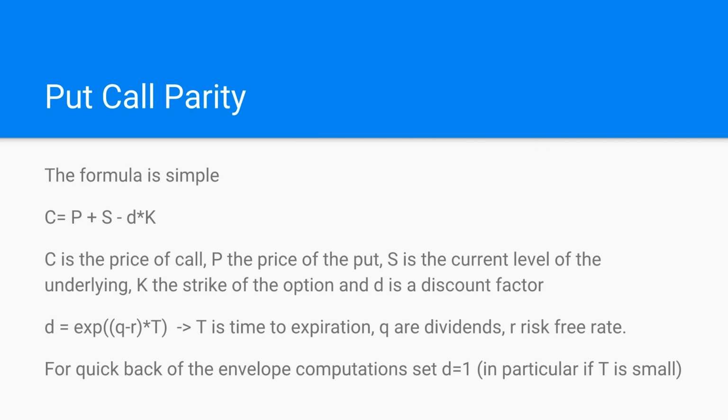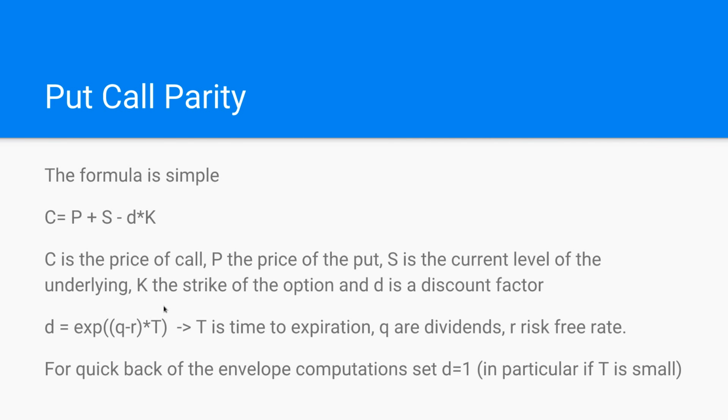So the put-call parity reflects the difference between the future and the present in terms of money. And if you remember your economics 101 classes, or introduction to economics, you will recognize this discount factor. I am writing it here as a continuous compounding thing. So this is the exponential function, and those are dividends, and this is the interest rate and time.